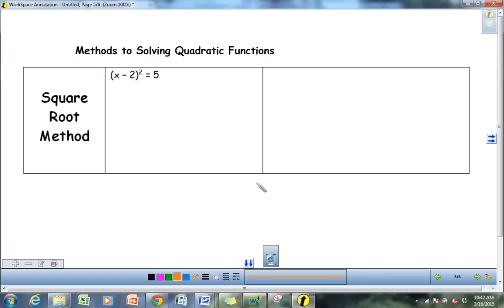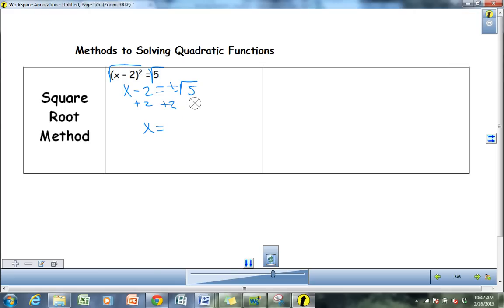Alright, our last method is the square root method. And this one's nicer because it's like completing the square, but the work's already done for you. So we have a square, so we take the square root of both sides. So I get x minus 2 equals plus or minus root 5. And then I add 2 again. So x equals 2 plus or minus square root of 5.